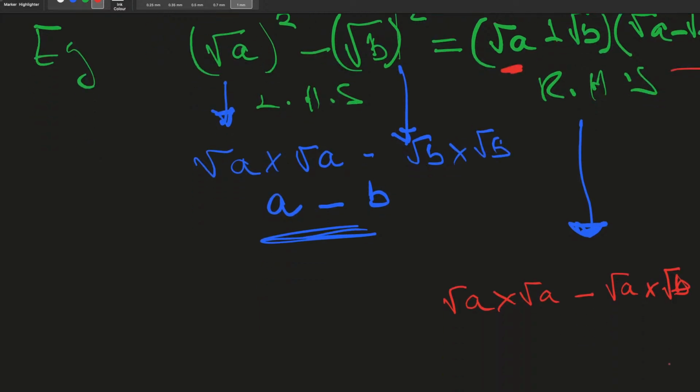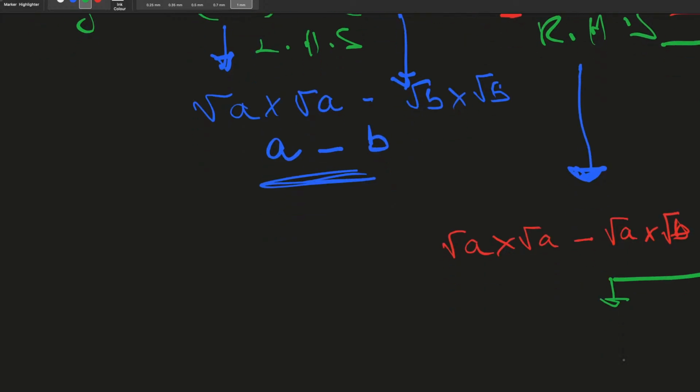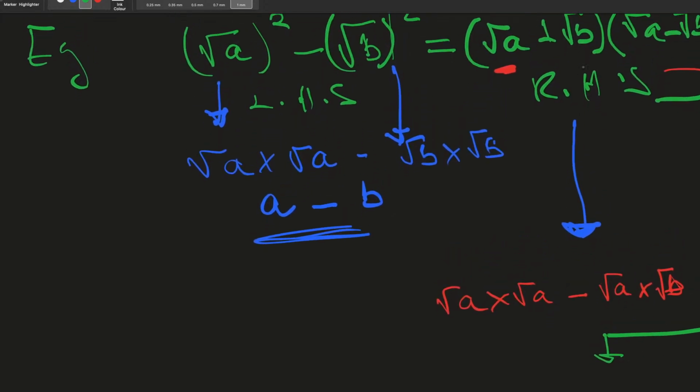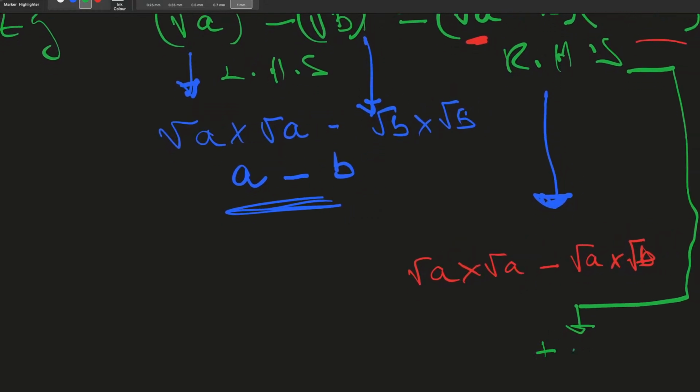Okay, and you know this is the first one. Now let's do the other one as well, where first of all we took root a and multiplied by this and multiplied by that. Okay, now our next one is this. Let's bring it here. So that one too, we'll take root b times that. So that will be plus root a times root b.